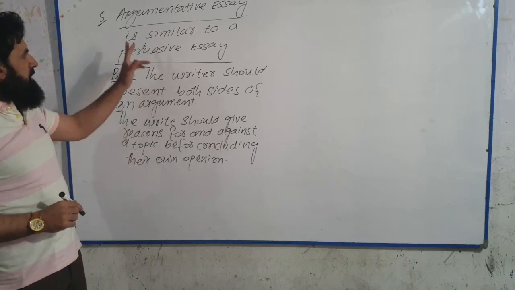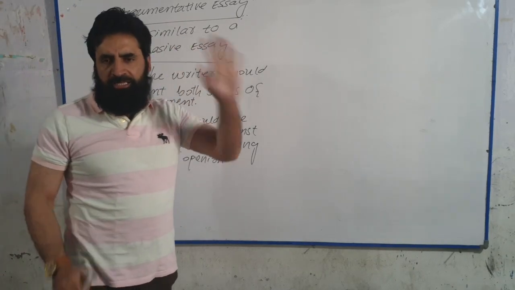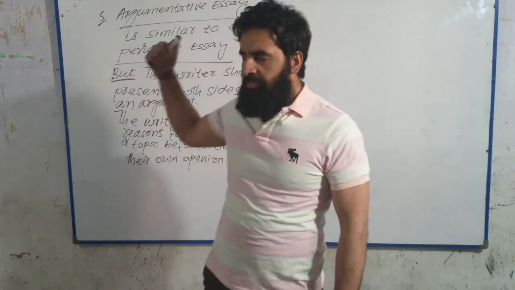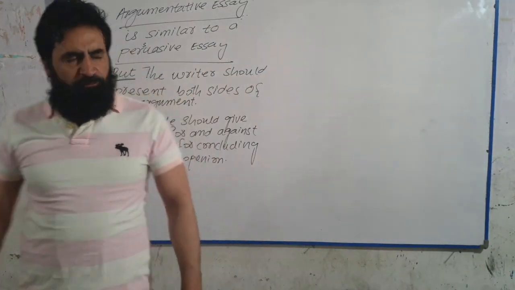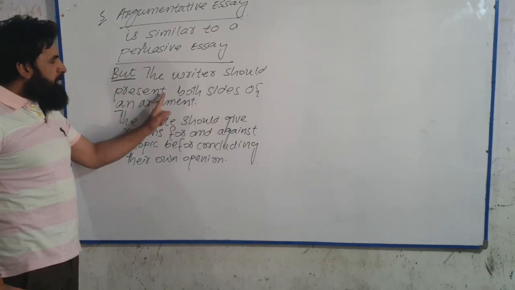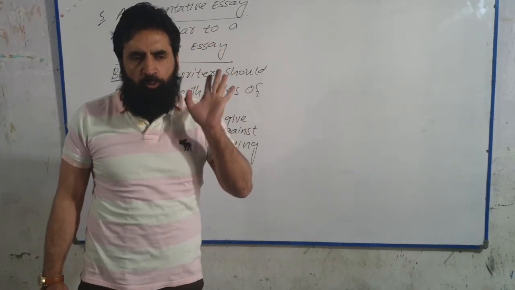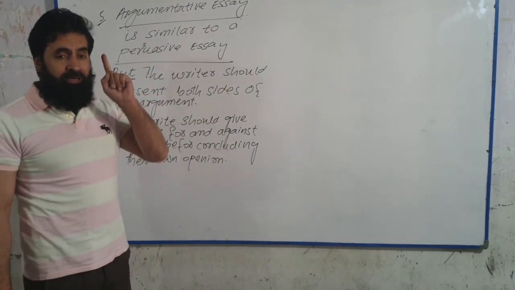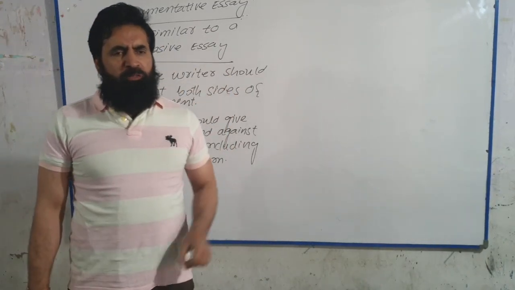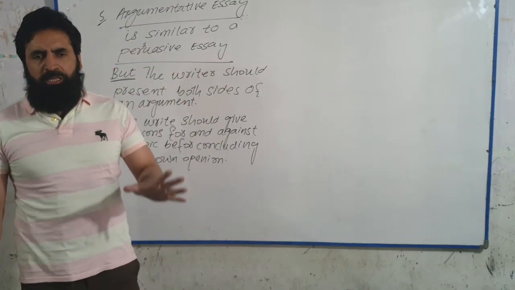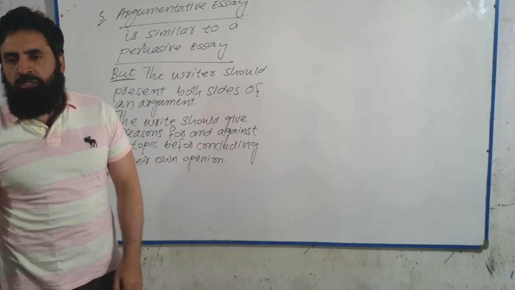What I wrote is that the argumentative essay is similar to a persuasive essay. But what is the difference? The writer should present both sides of arguments, and the writer should explain that the writer's point of view is logically much more important than the opposing view.